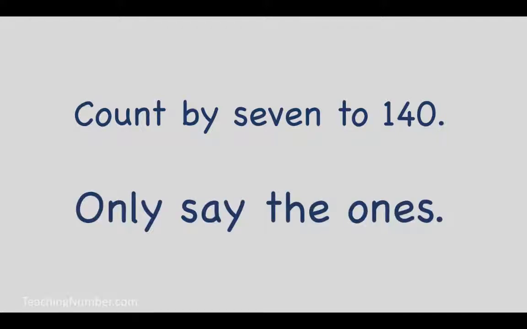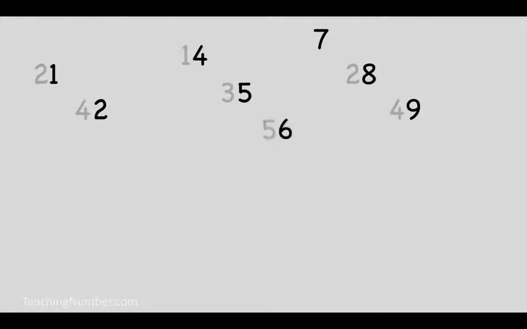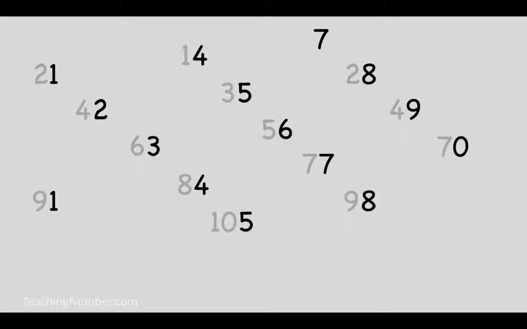Again, it helps if you use the decomposition strategy and focus on the ones. 7, 4, 1, 8, 5, 2, 9, 6, 3, 0, 7, 4, 1, 8, 5, 2, 9, 6, 3, 0. Of course, this pattern is the reverse of multiples of 3.